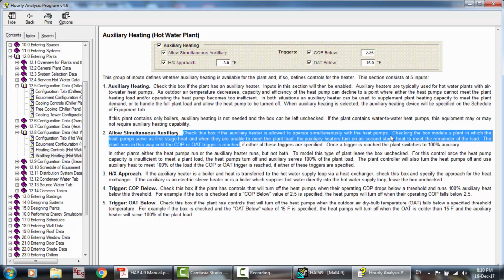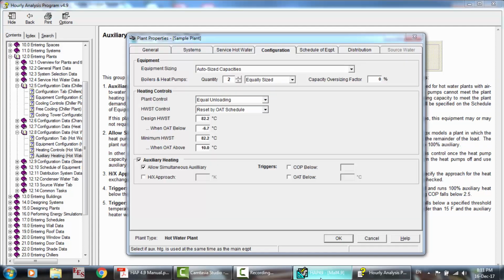Checking the box models a plant in which the heat pumps serve as first stage heat, and when they are unable to meet the plant load, the auxiliary heaters turn on as second stage heat to meet the remainder of the load. The plant runs in this way until the COP or outdoor air temperature trigger is reached. If either of these triggers are specified, once the trigger is reached, the plant switches to 100% auxiliary.